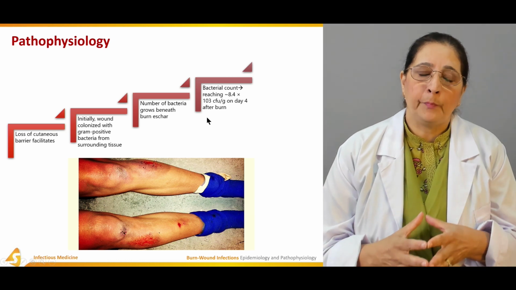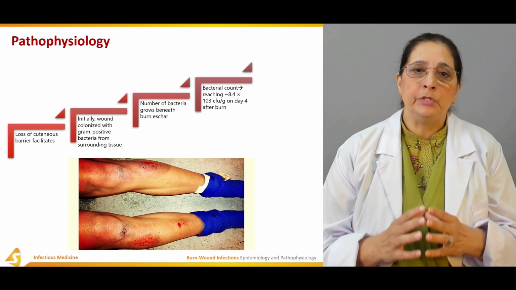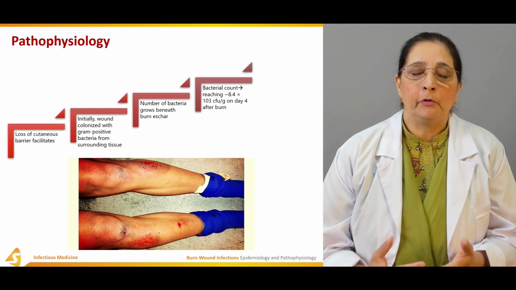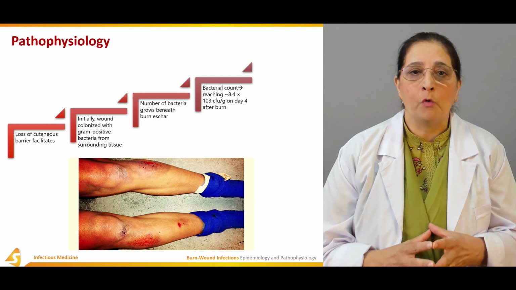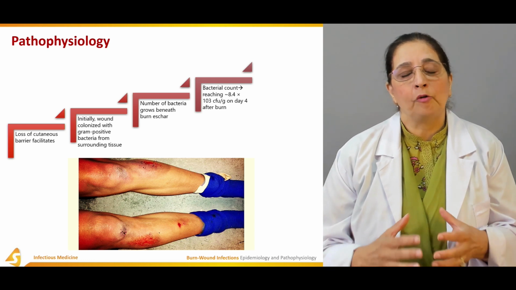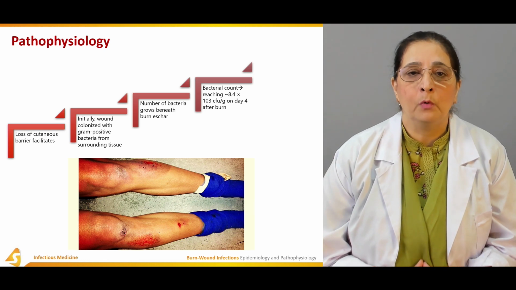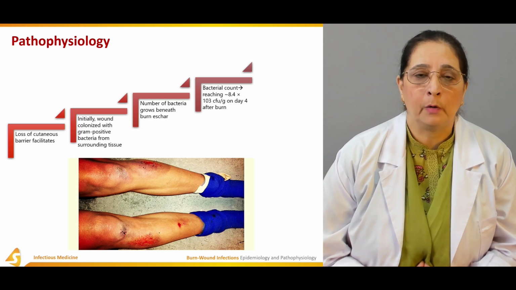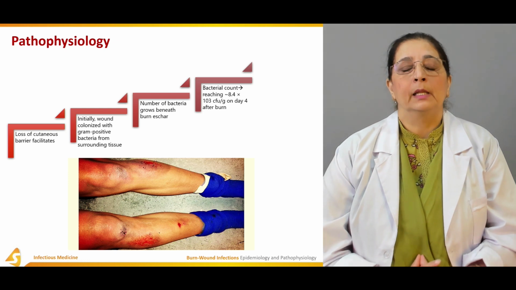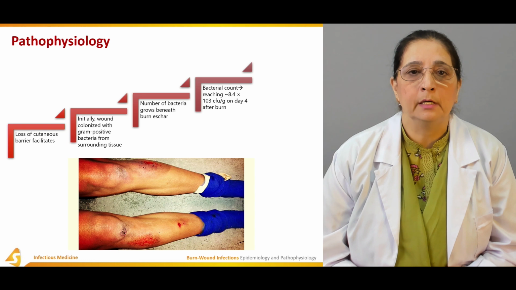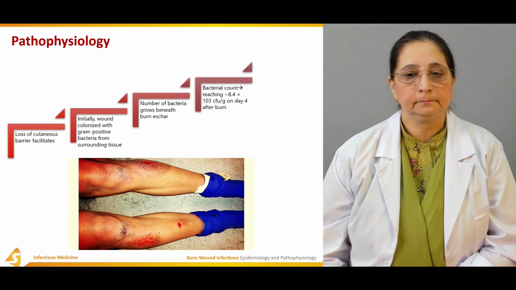So loss of protective skin leads to colonization of bacteria, they keep on growing, and on about day 4 a big number of microorganisms, about 8.4 × 10^3 colony forming units per unit, are present.